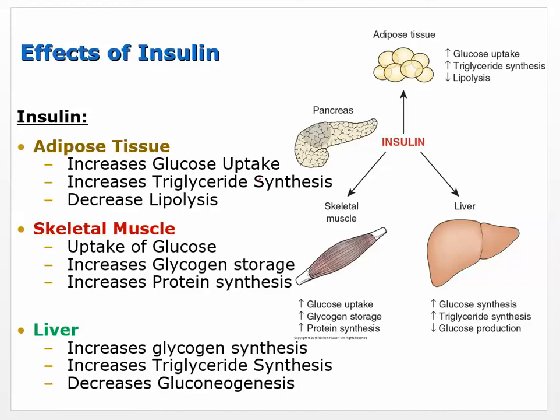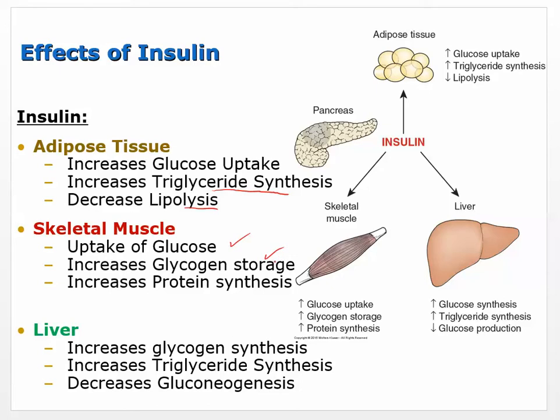But then what happens when that glucose moves into these cells? Well, in adipose tissue, it's going to turn it into fat, so increased triglyceride synthesis. Insulin itself will block the breakdown of fats, leaving them as triglycerides in general. In skeletal muscle, uptake of glucose increases glycogen storage.